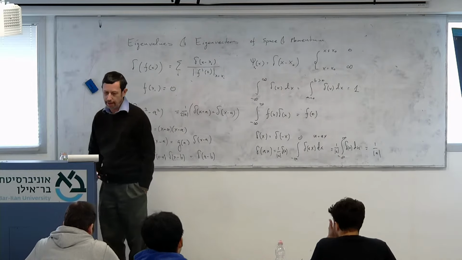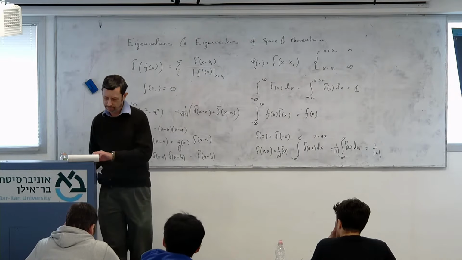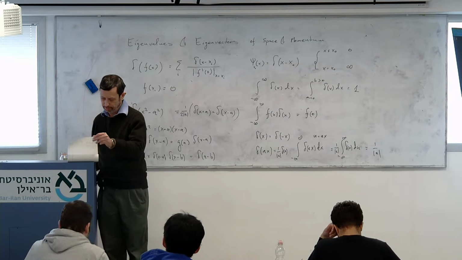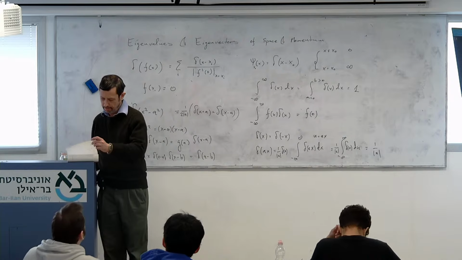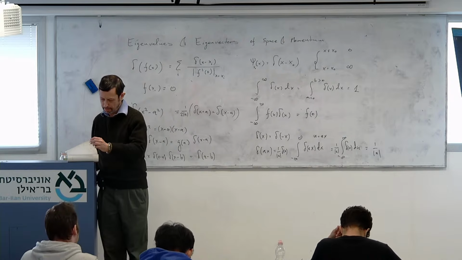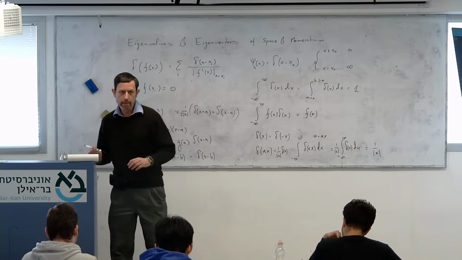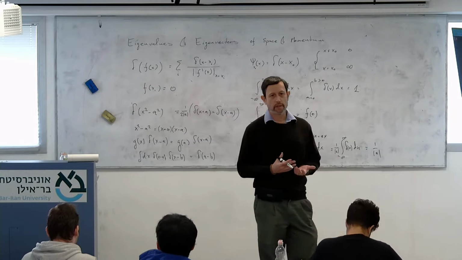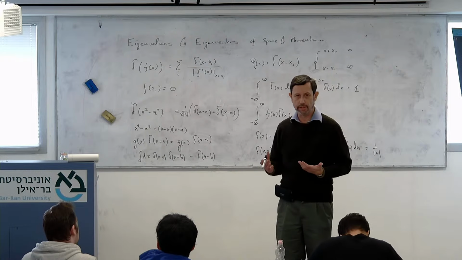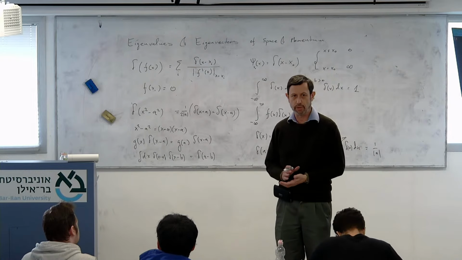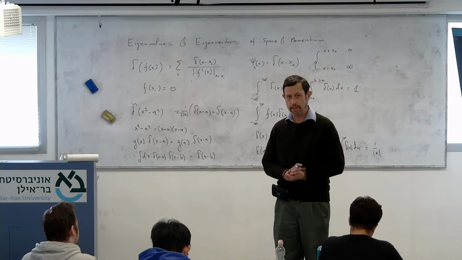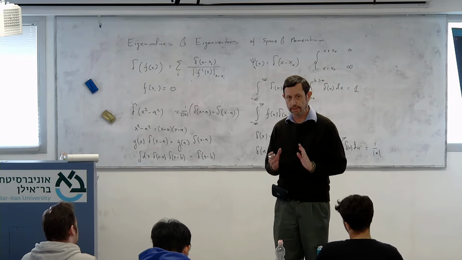In a moment, I'll show you there are all kinds of asymptotical definitions of the delta function, taking an asymptote of some form of delta.